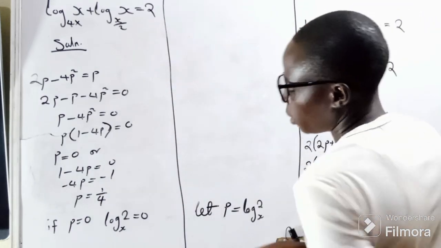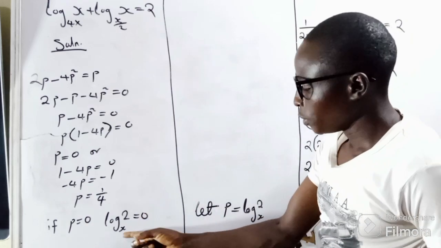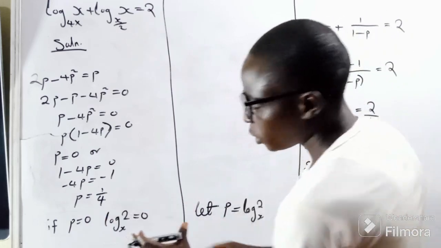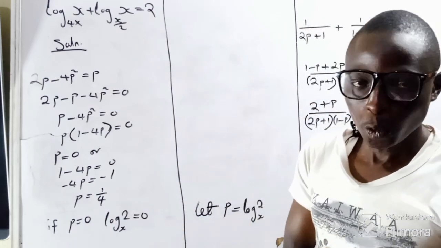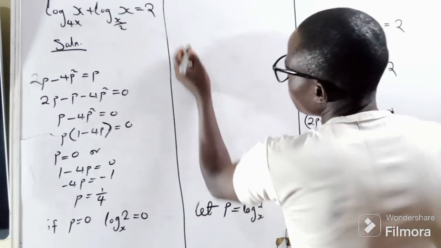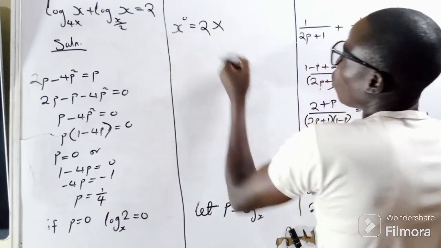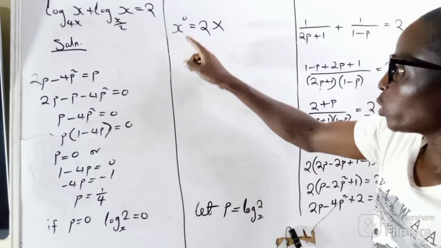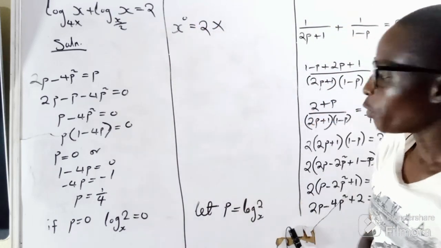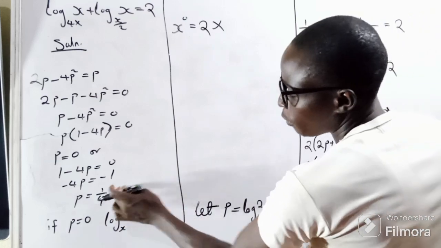We can change this log to exponent. So that means we are going to have x to the power of 0 is equal to 2, and we reject this solution because x to the power of 0 can never be equal to 2. So let's try the other value of p.